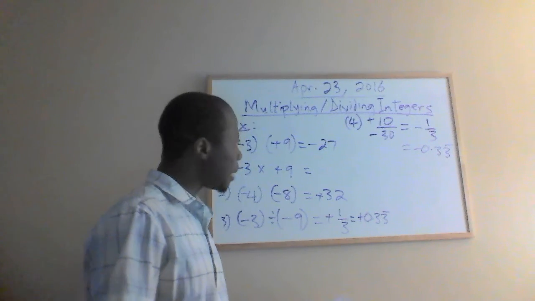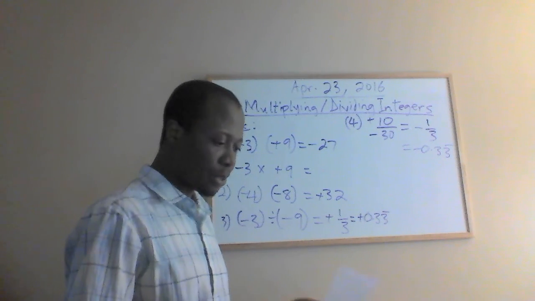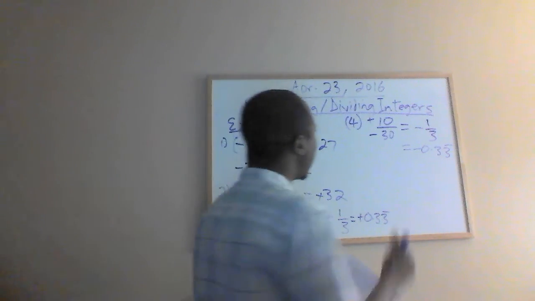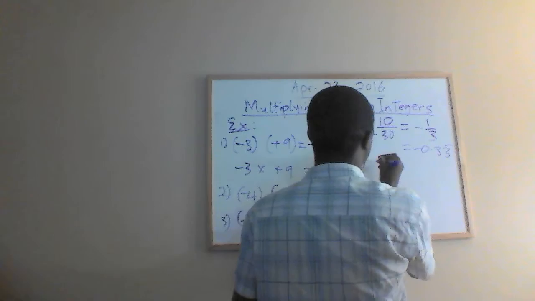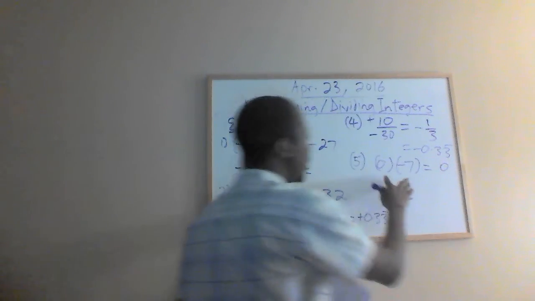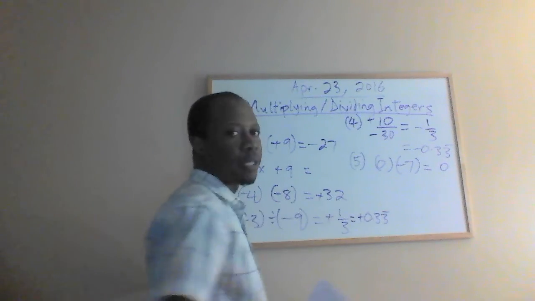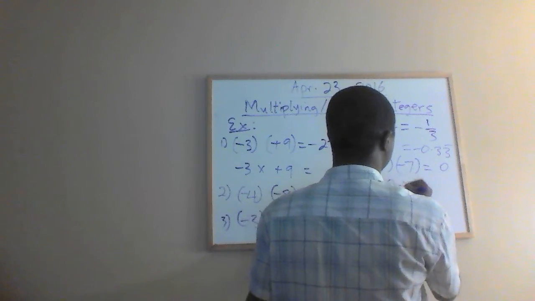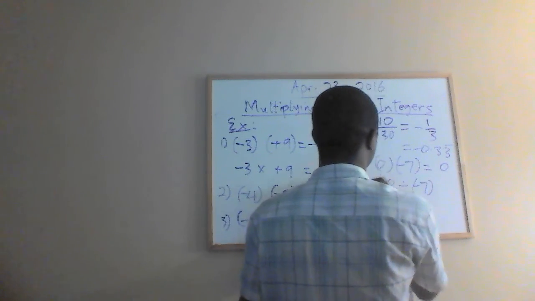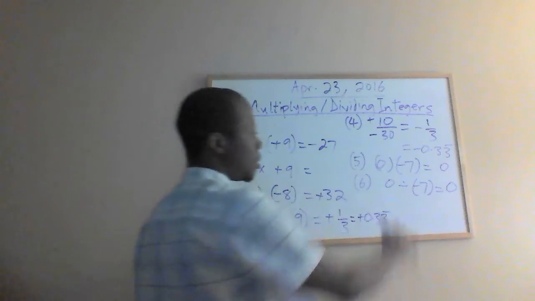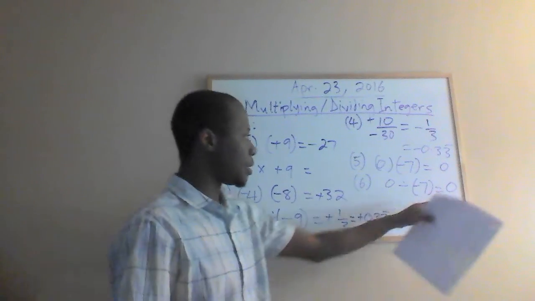There are some special case scenarios here as well. For example, if we have 0 multiplied by negative 7, anything you multiply by 0, you're going to get 0. And if we have 0 divided by negative 7, whenever 0 is on top in division, you're going to get 0.